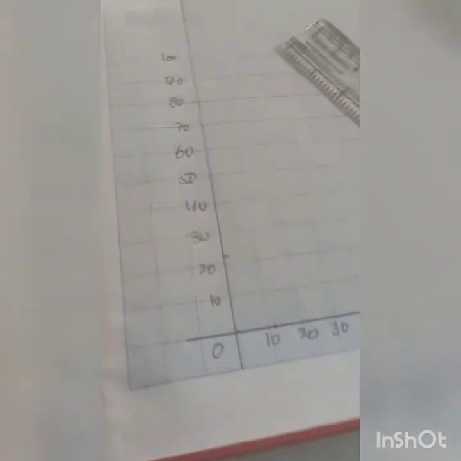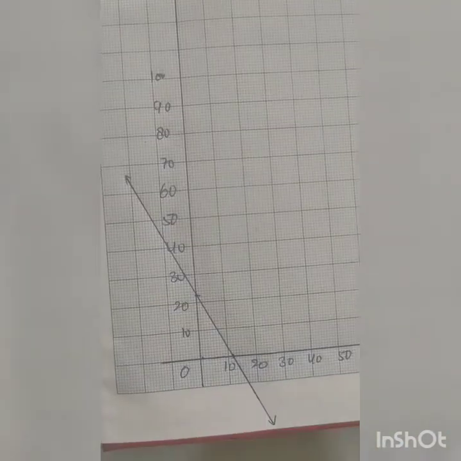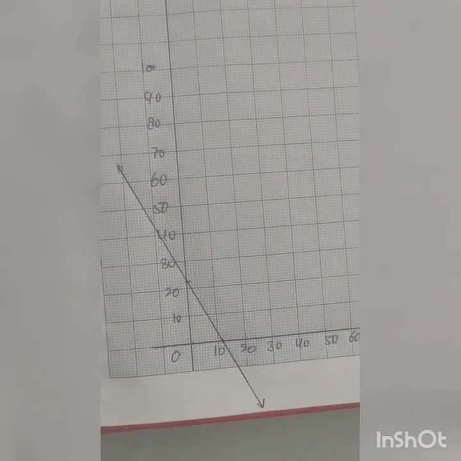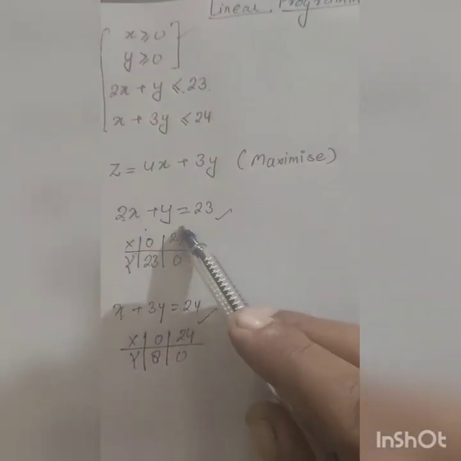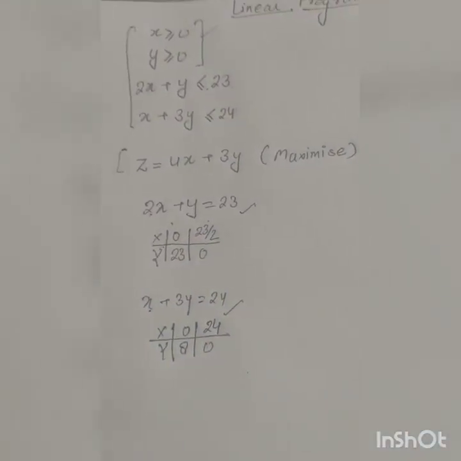Its line we will make with the help of a scale, like this. We get the line for 2x plus y equals 23.